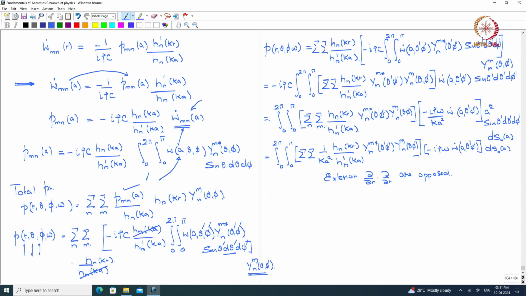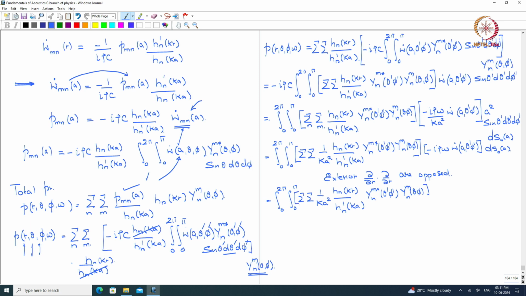Okay. So what I will have here is, this is equal to integral 0 to 2 pi, integral 0 to pi, double sum, 1 by Ka square, Hankel n of Kr, Hankel n dash of Ka, Y_mn conjugate (theta dash, phi dash), Y_mn (theta, phi) close.